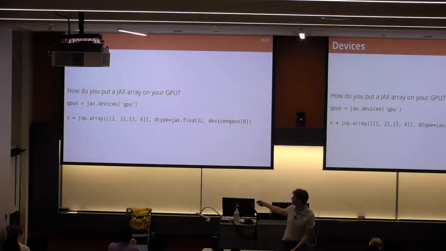I said, JAX, give me a list of all the GPUs that you can see on this system. And then you should check to make sure you've got at least one. But here I'm saying, just put this array on the first one. And so when you want things to run really fast, you put them all on your GPU. So if you're going to multiply two arrays together, you want to make sure they're both on the GPU.